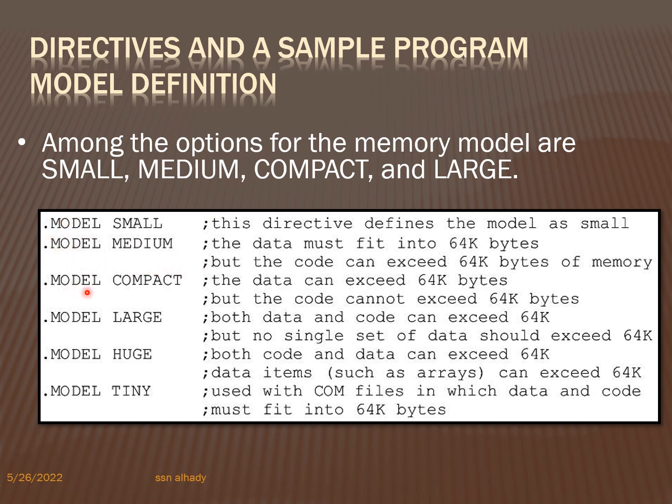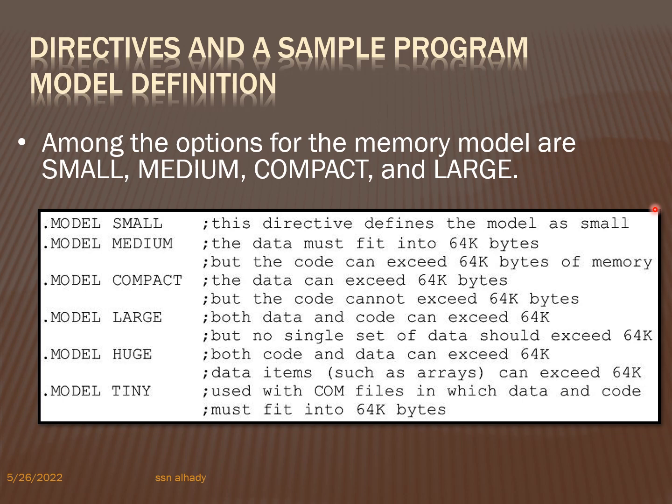And then you can have model compact, where the data can exceed 64 kilobytes, but the code cannot exceed 64 kilobytes. Only the data can have more than 64 kilobytes. And then you can have large, where both data and code can exceed 64 kilobytes, but no single set of data should exceed 64 kilobytes. Okay, and so on. It's not at your level. Actually, we just use the small one. It should be okay.